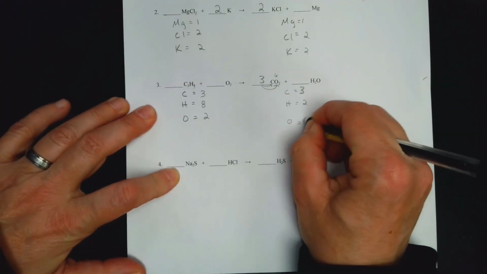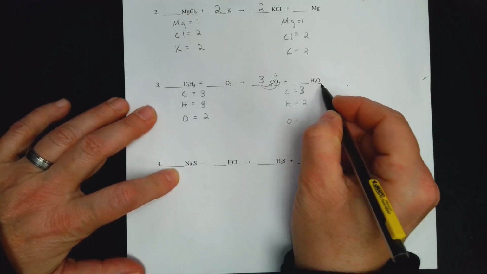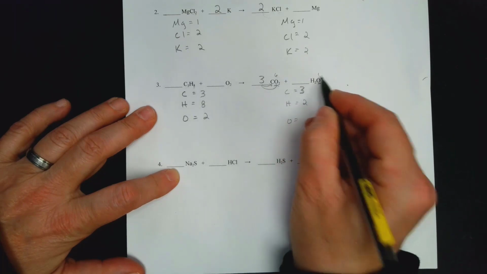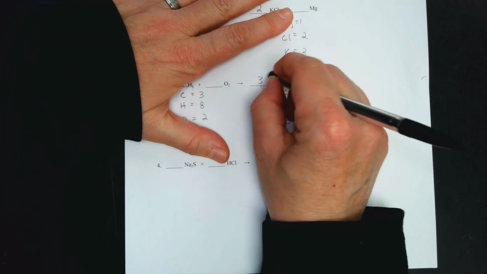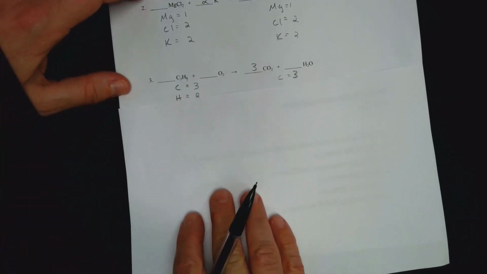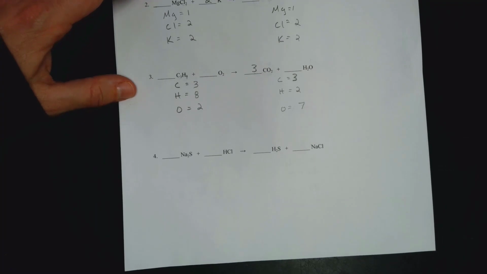But remember, ladies and gentlemen, I still have that oxygen hanging out by itself over here. So I have to add these 6 oxygens plus this 1 oxygen for a total of 7 oxygens. Okay? So now that we've added our quantities, let's check for balance. So my carbons are balanced, but my hydrogens and my oxygens are not.